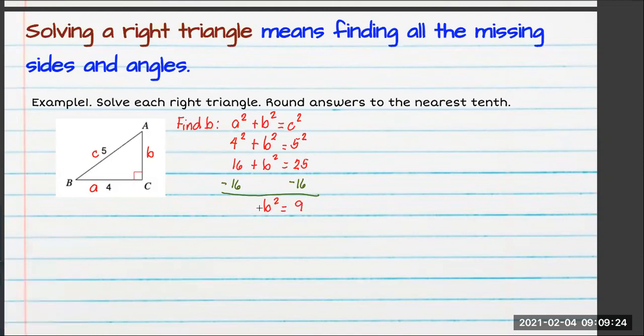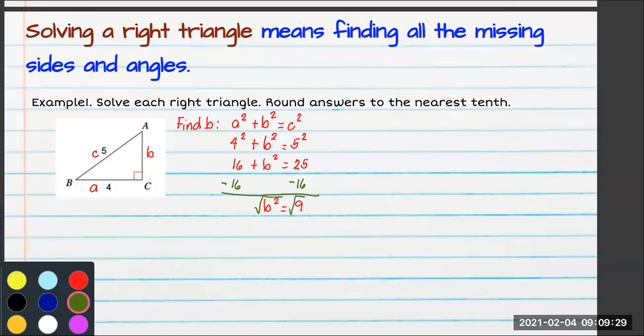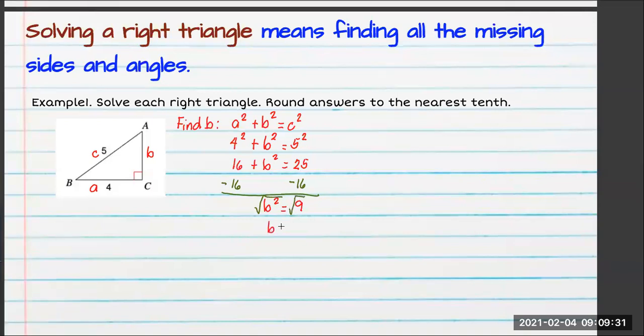And then we get the square roots of both sides to find B. Therefore, your B is equal to 3. So if you're given two sides, you start with the third side using the Pythagorean theorem. So we have found B.